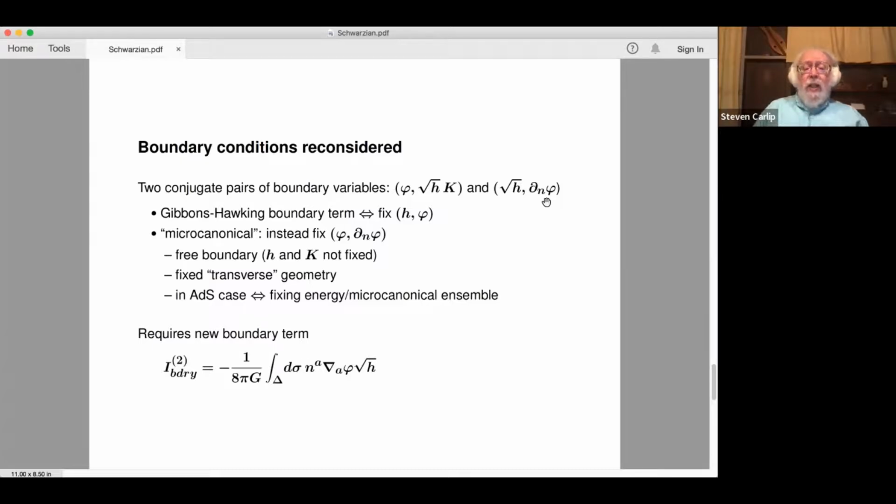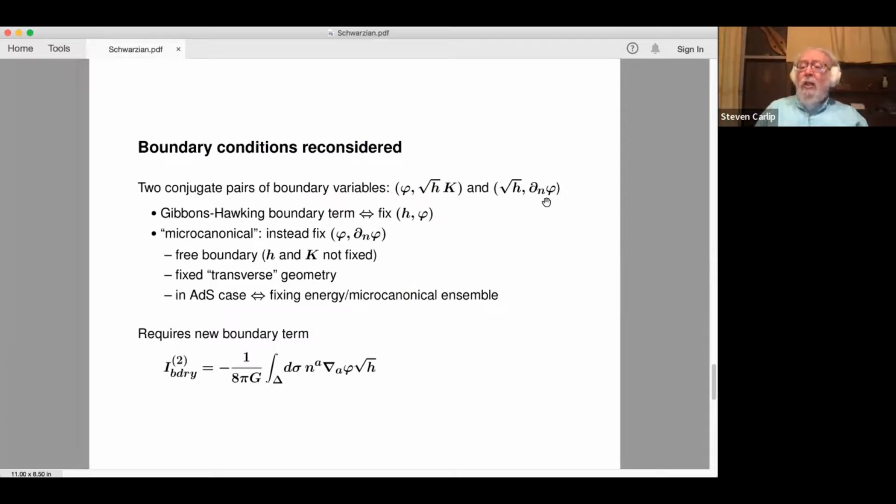In the nearly anti-de Sitter case, it can be shown that fixing the dilaton and its normal derivative corresponds to a microcanonical ensemble. That is, it's equivalent to fixing the ADM energy of the solution.